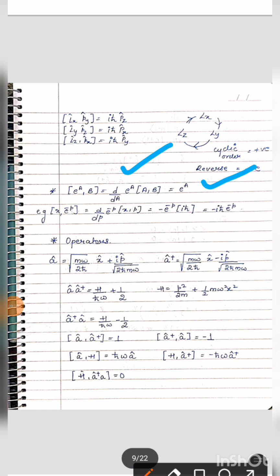For example, x comma e to the power of minus p. What I have to do is differentiate with respect to p: e to the power of minus p into the commutator of x comma p. The differentiation of this value, and the commutator of x comma p is iħ, and you get the value minus iħ e to the power of minus p.